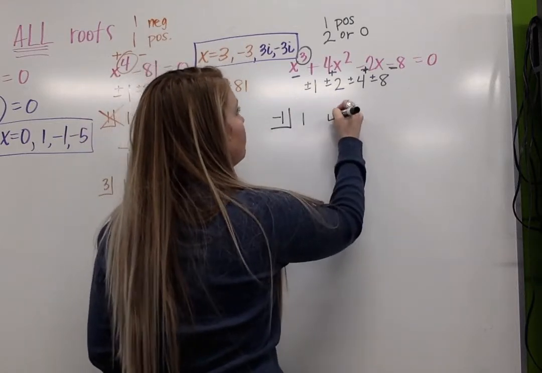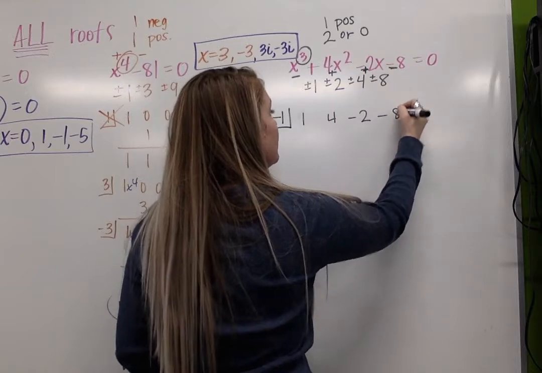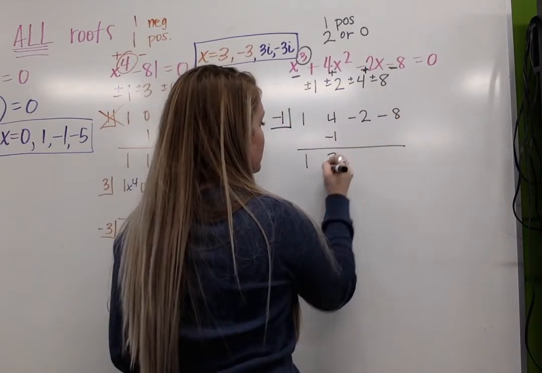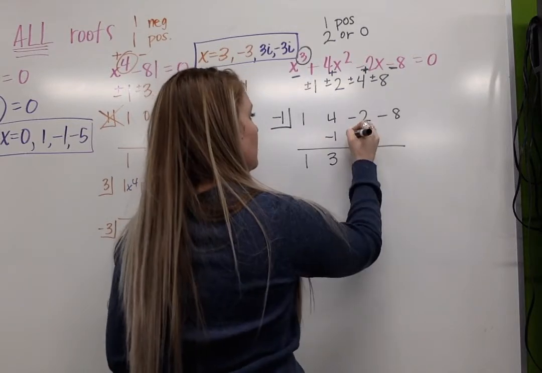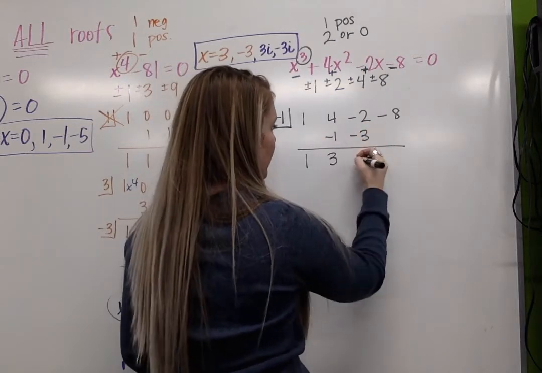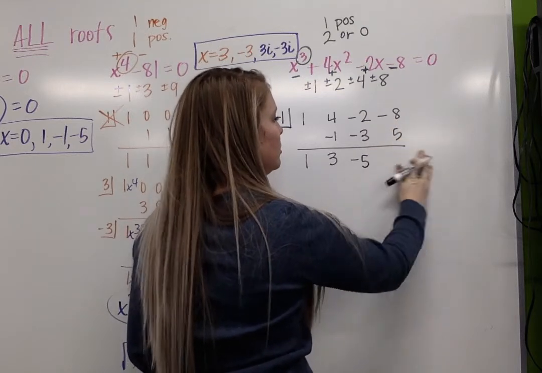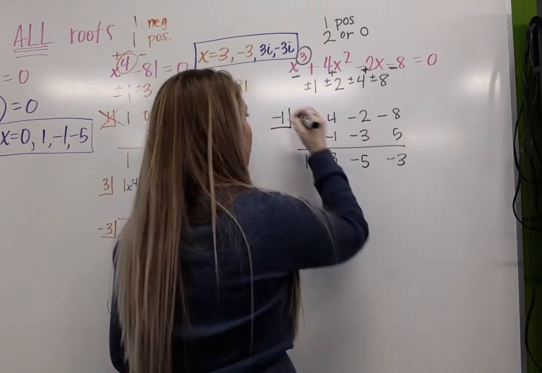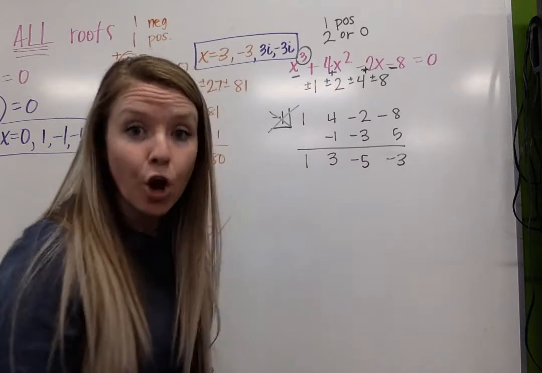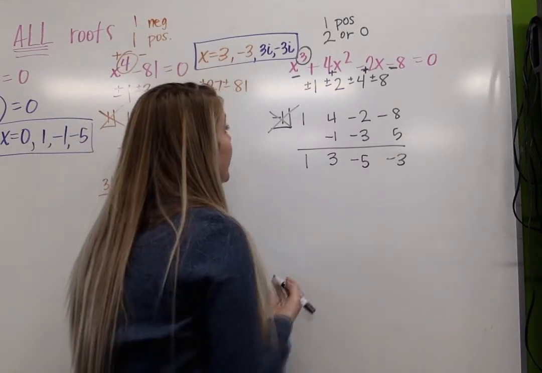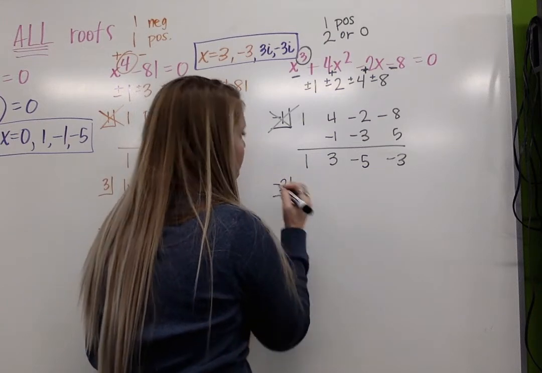So that's 1, 4, negative 2, and negative 8. So I drop the 1, that's negative 1, that's 3. 3 times negative 1, that's negative 3, so I get negative 5. That's 5, so I get negative 3. That doesn't work. Nope. Okay, so let's go ahead and try negative 2.